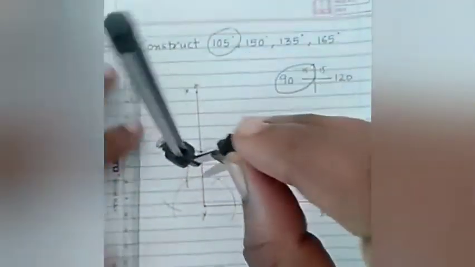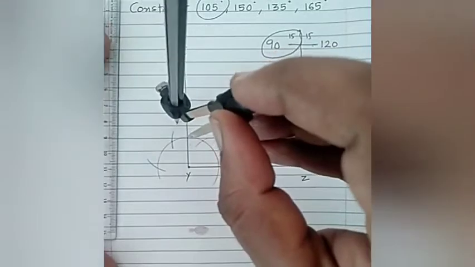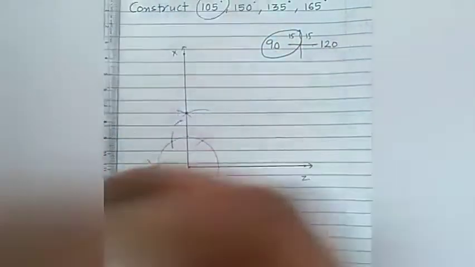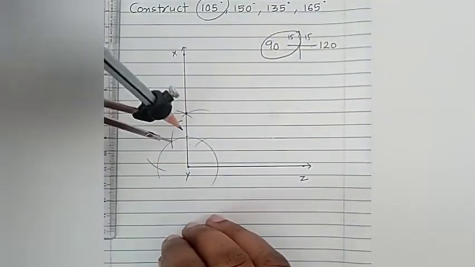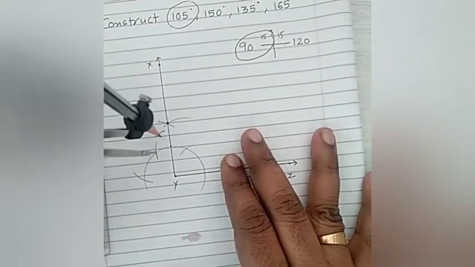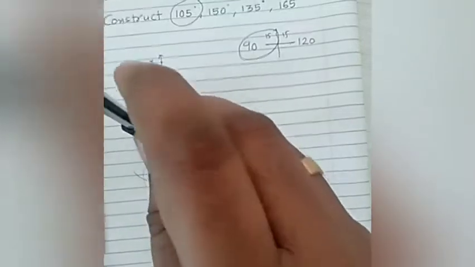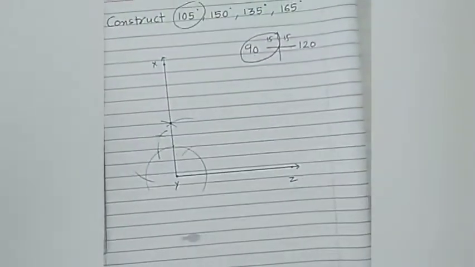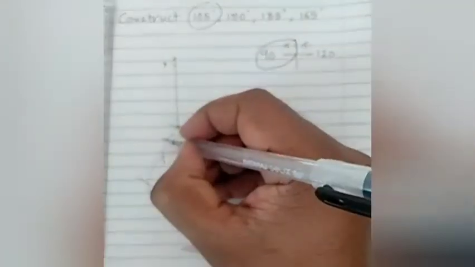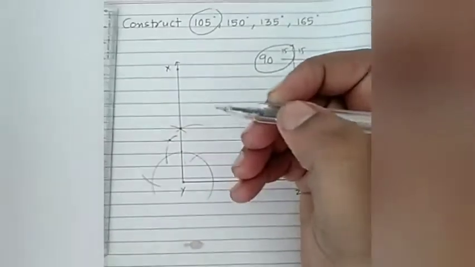Now I'll make an arc basically. From 90 degree, this is what I get. From 120 also I make an arc. If you could see, I've got something like this. Now I've got an intersection of arcs over here.